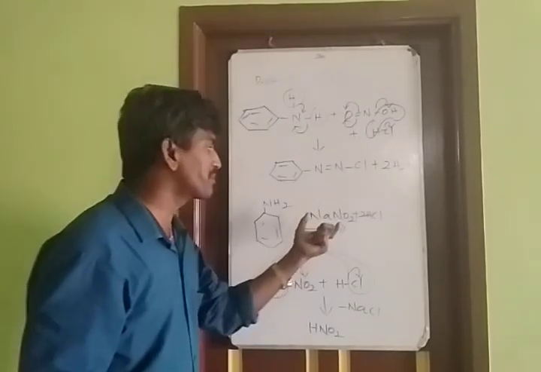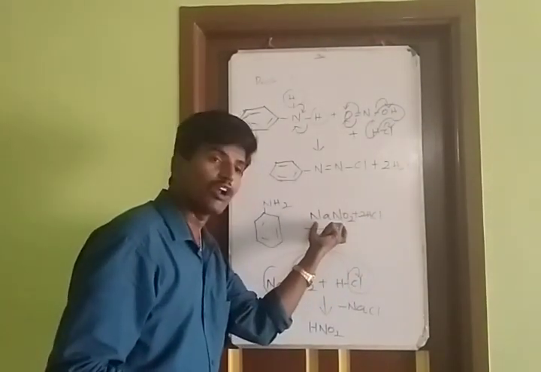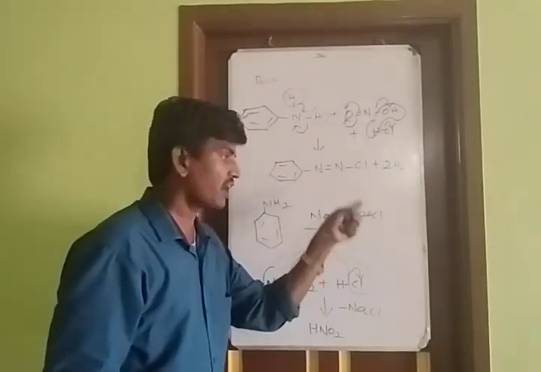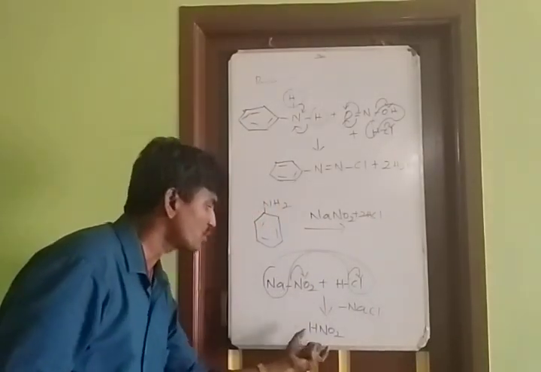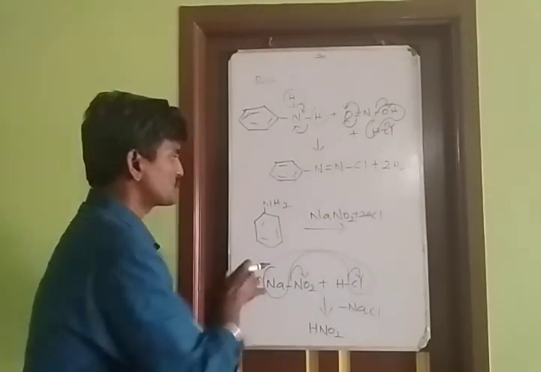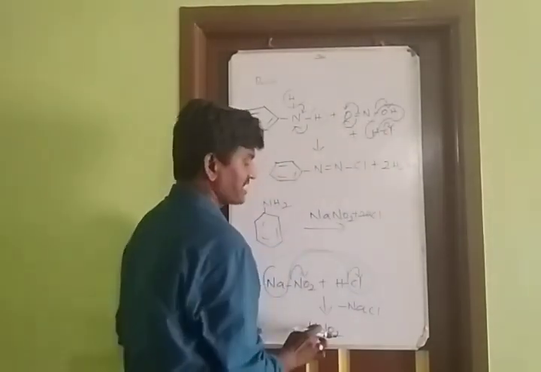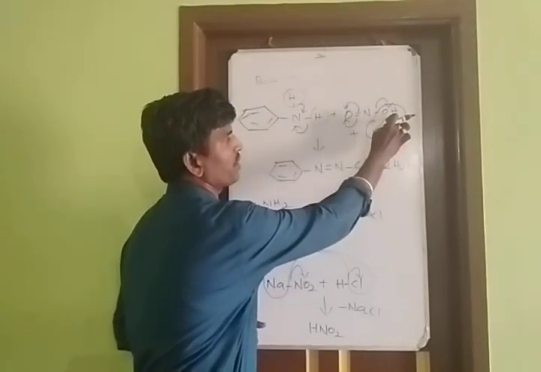So I am going to add a mixture of NaNO2 and 2 HCl. 1 mole of NaNO2 reacts with 1 mole of HCl, and another 1 mole is there. 1 mole HCl reacts with 1 mole NaNO2, it becomes HNO2. So this aniline reacts with HNO2, nitrous acid. We can draw it like this: O double bond N bond OH.